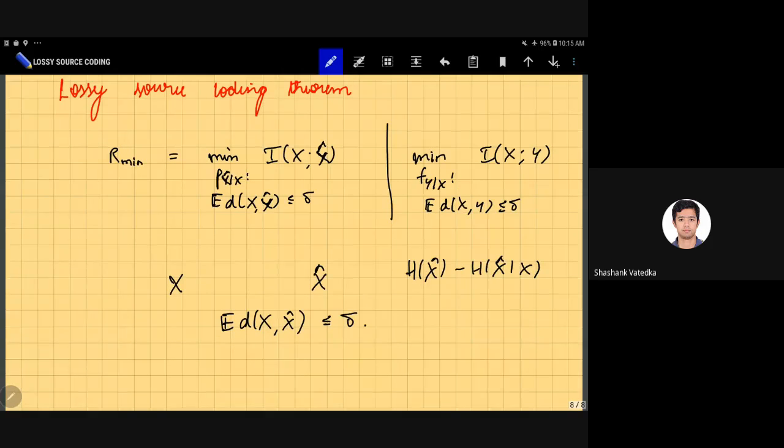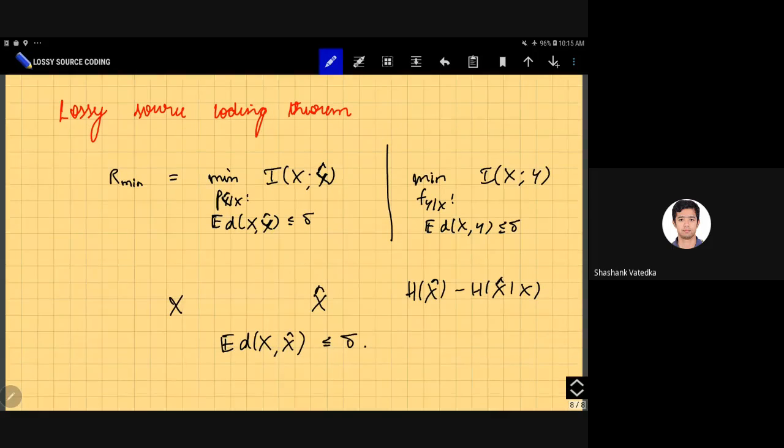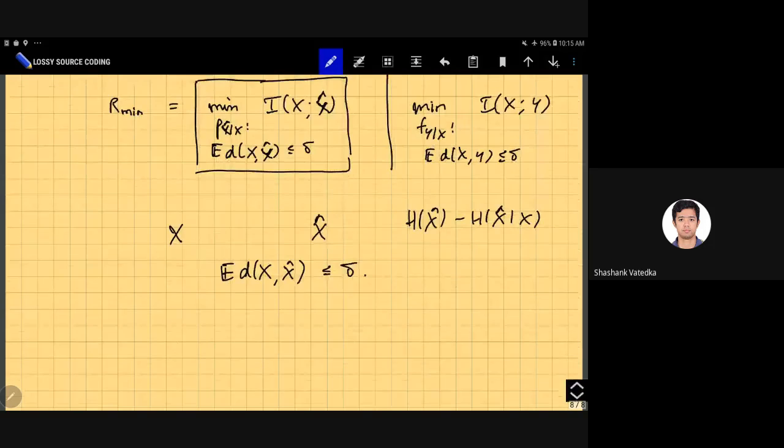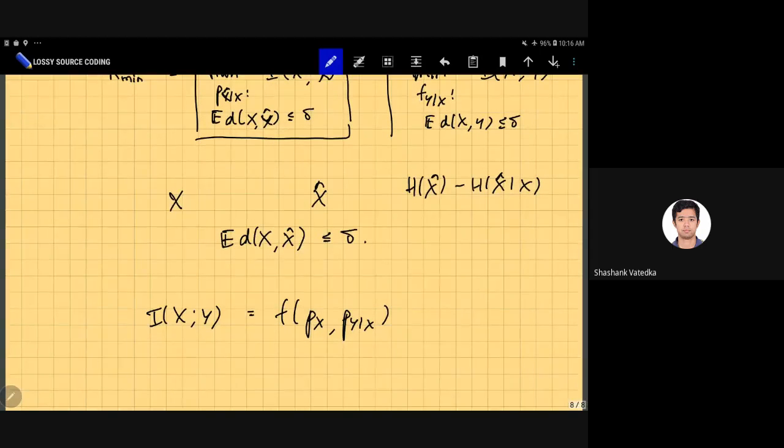All right. So firstly, let us ask ourselves the following question: does this sort of statement even make sense? So we're minimizing the mutual information over all possible p(x hat|x), right? Now, if you look at the mutual information I(X;Y) as a function of p_X and p(y|x), if I fix a p(y|x), then how does the information behave as a function of p_X? Is it concave in p_X, or is it convex in p_X, or is it neither?